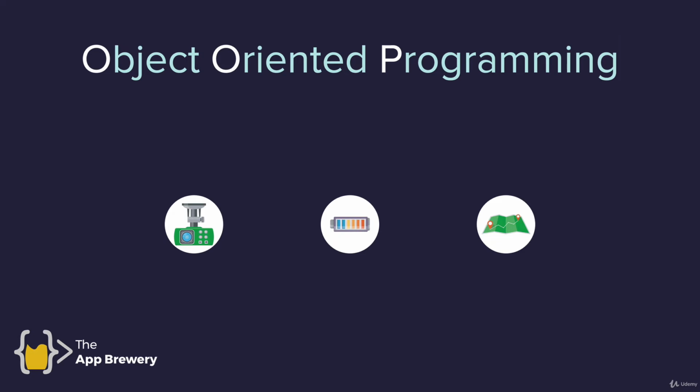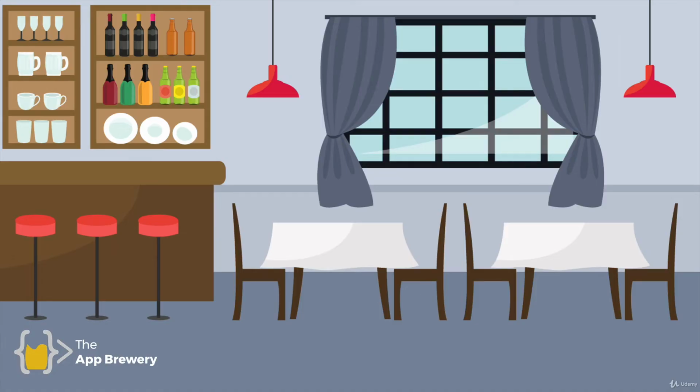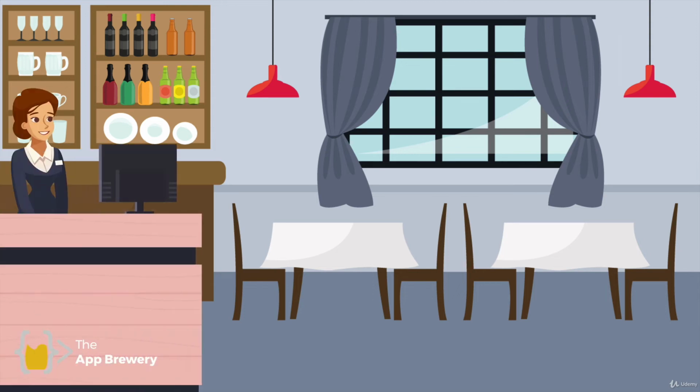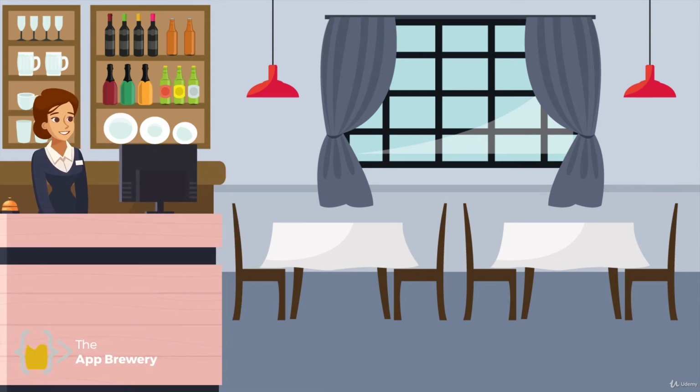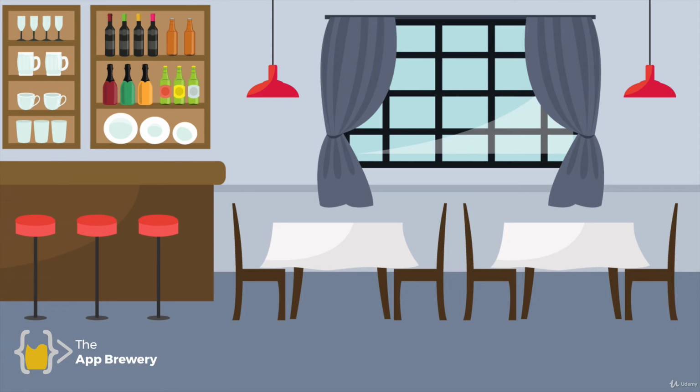But object-oriented programming actually takes that concept even further. And I think the best way to explain it is to imagine that you are tasked with running a restaurant. So you take over this restaurant from your long-lost uncle, and you realize that it's actually really hard running a restaurant. So first off, you have to be the receptionist, and you reserve seats for your restaurant visitors.